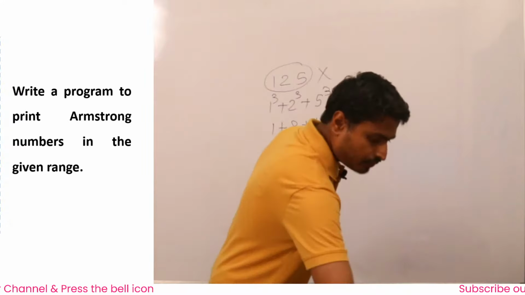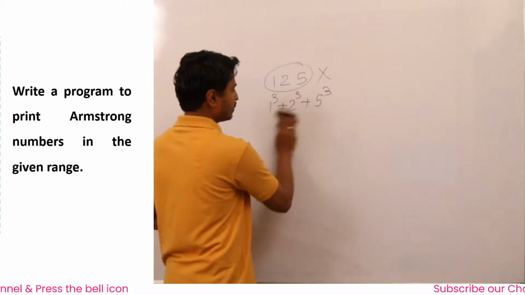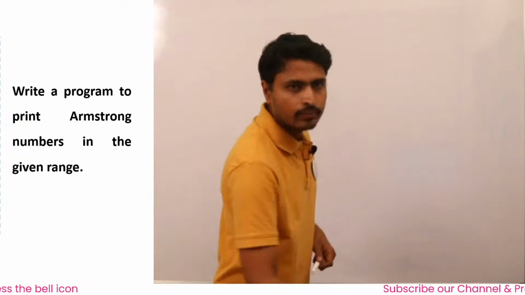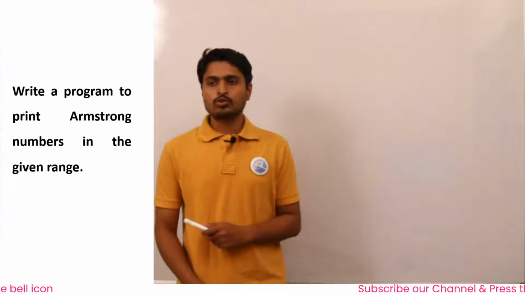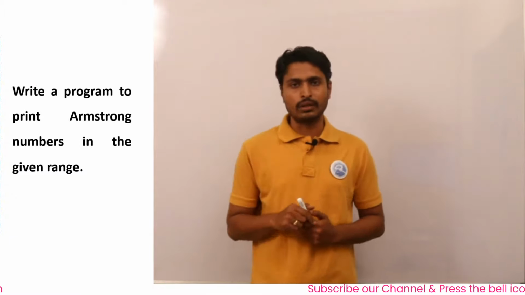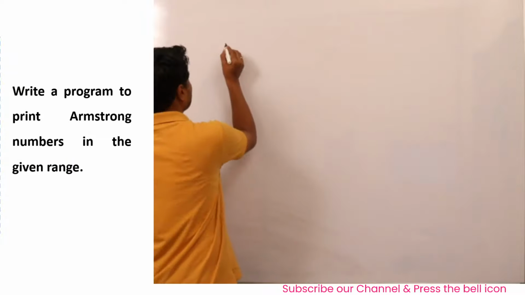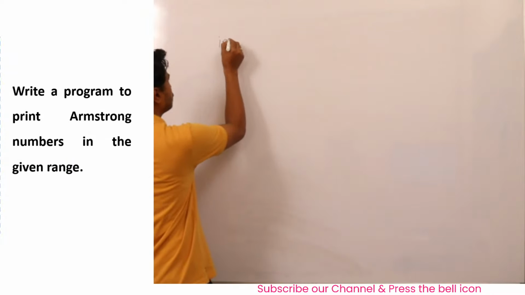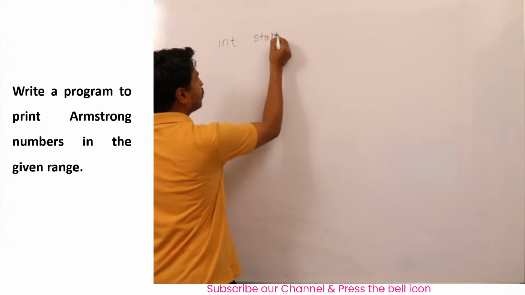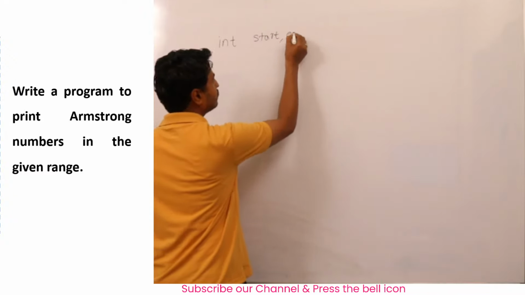So if a range is given, what is asked in the question? In the given range. So we'll consider two variables: one is the start variable and one is the end variable. We'll consider the variables required for this program: integer start, and then end.